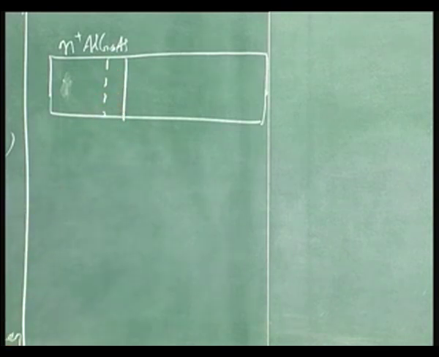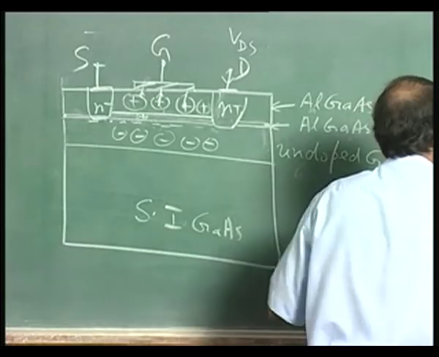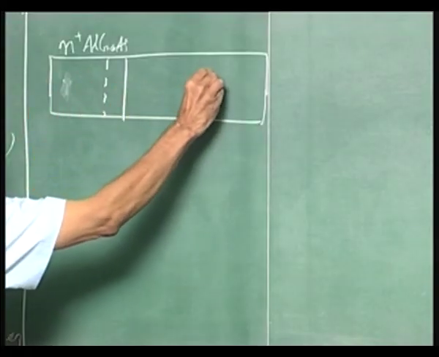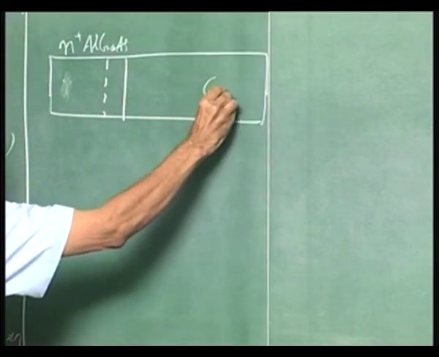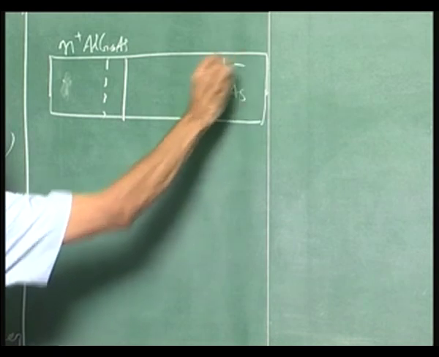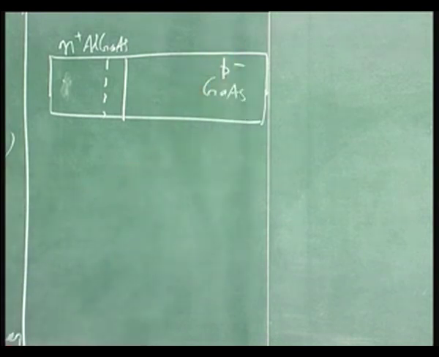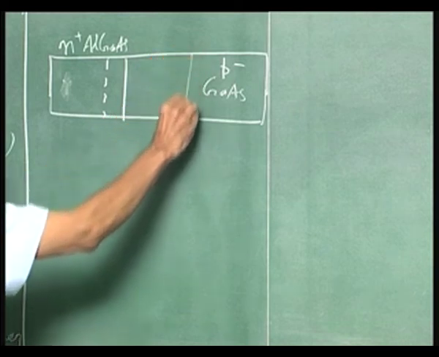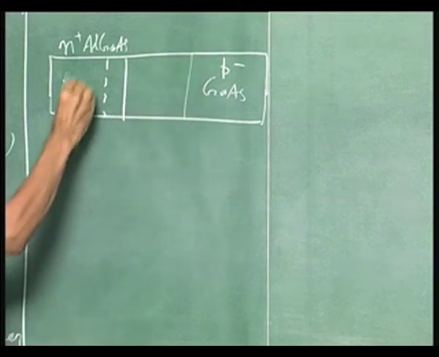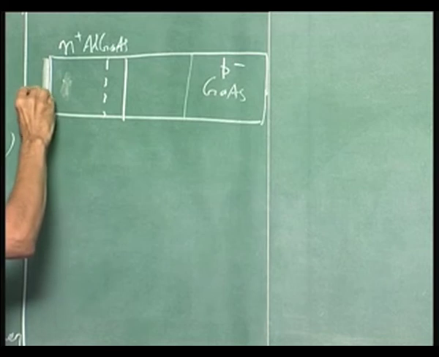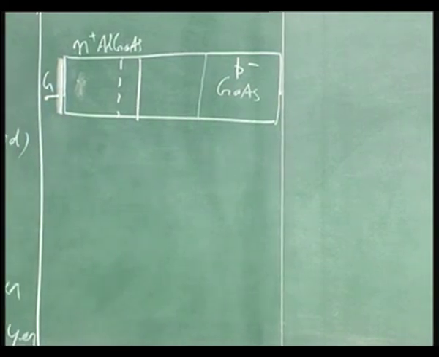I am just putting the diagram without all these things, and this is the gallium arsenide P minus undoped, and there is a depletion layer here. There is a metal here, that is the gate, okay.